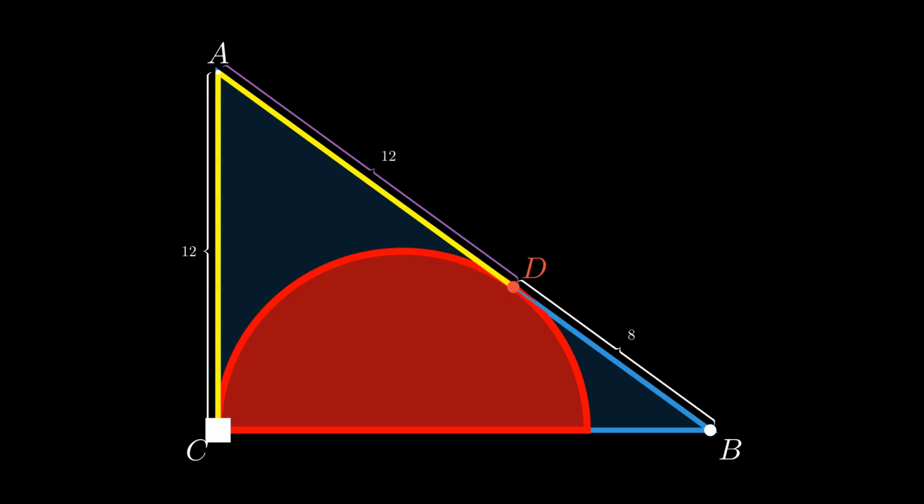Since the length of AC is given as 12, the length of segment AD must also be 12. Consequently, the full length of the hypotenuse AB is the sum of AD and DB, which is 12 plus 8, yielding 20.